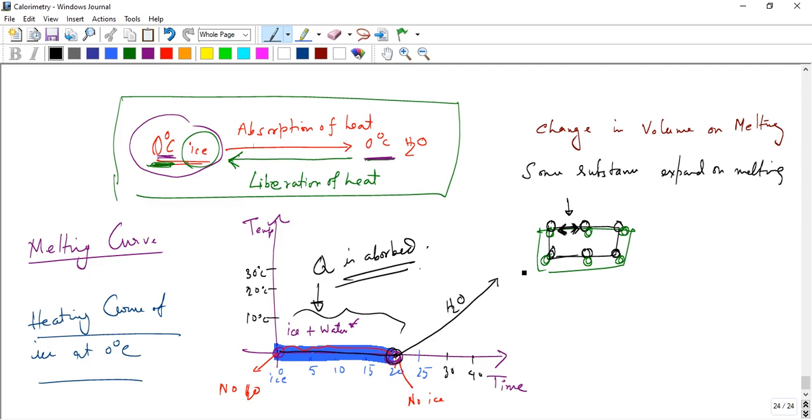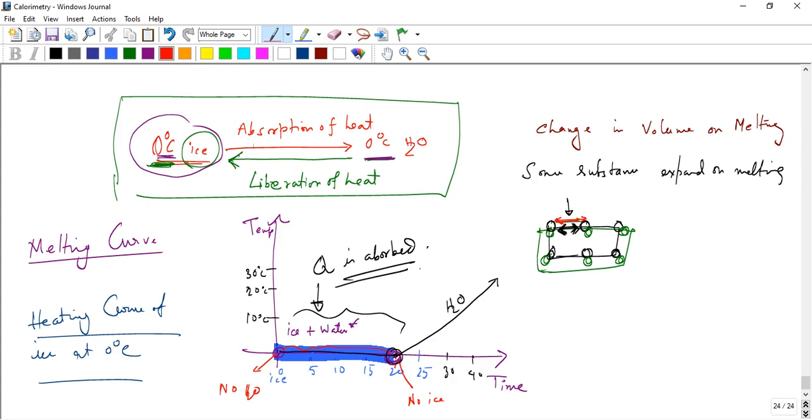Black color represents the solid, and green color represents the liquid. If heat is absorbed, the intermolecular space increases and the intermolecular force is less. If intermolecular force is less, attraction is less. That's why there is some expansion.